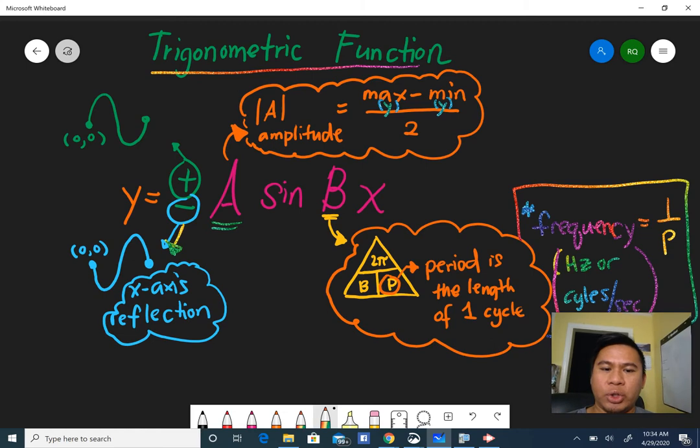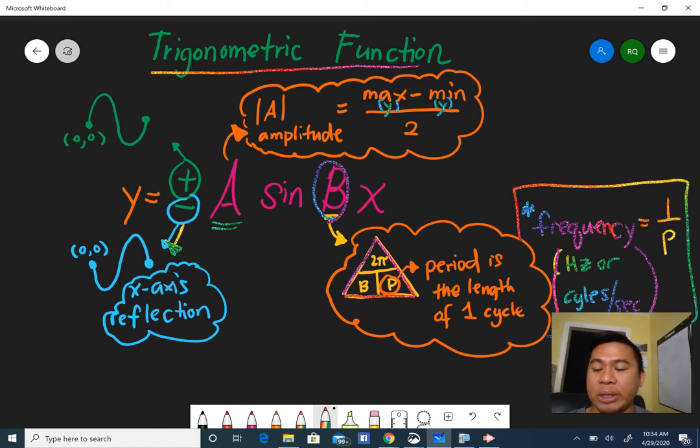divided by 2. Now, let's go to our b value, the one that is multiplied to x. We can use this triangle with 2π on top, the b as the coefficient of x, and the p on the right, which is what we call the period.